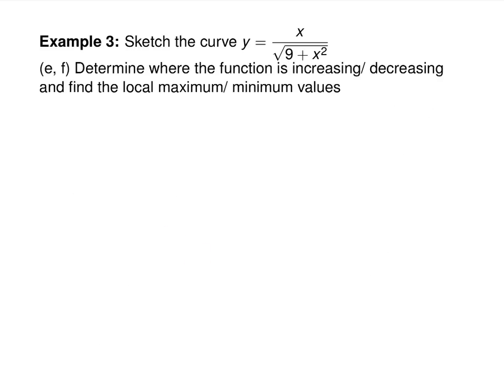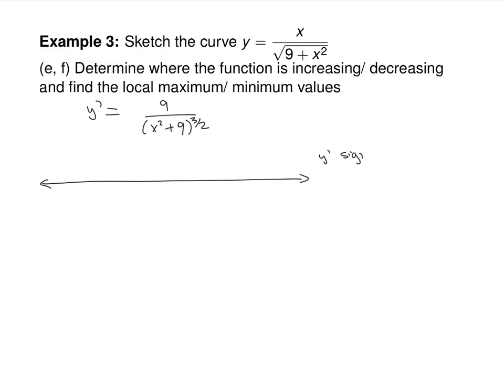Okay, some work. Like, increasing, decreasing, local max and min. So the derivative is nice and easy for this one. It's 9 over x squared plus 9 to the 3 halves. On your sign chart, you plot places this derivative is 0 or undefined. Are there any?